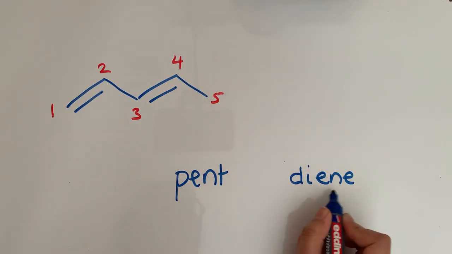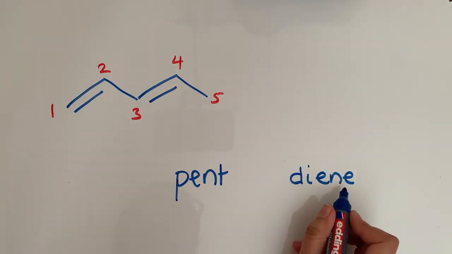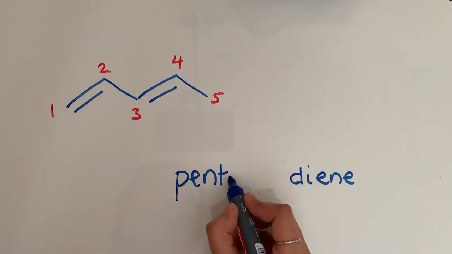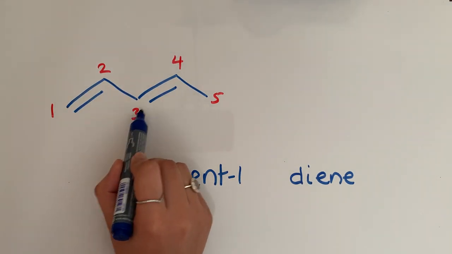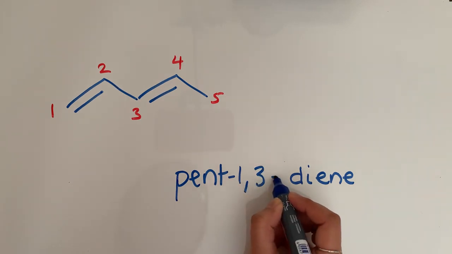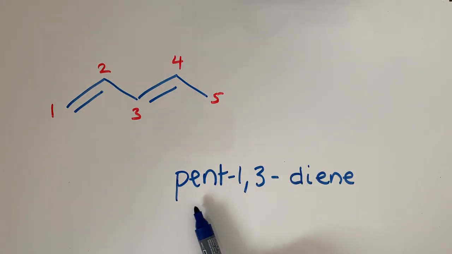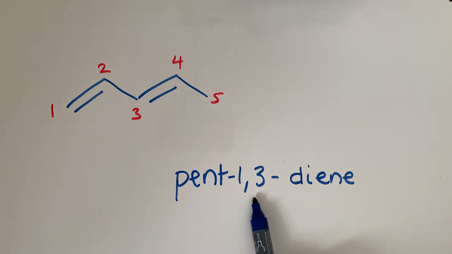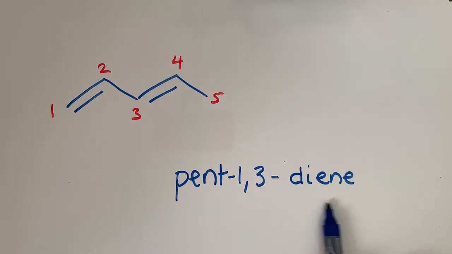The di means we have 2 ene, so 2 double bonds. And then we need to put the numbers in for them. We have a double bond between 1 and 2, so that's going to be 1. And we have a double bond between 3 and 4, so that one's going to be 3. So this molecule here is called pent-1,3-diene. The two numbers here apply to the diene part. The di means we've got two of them.